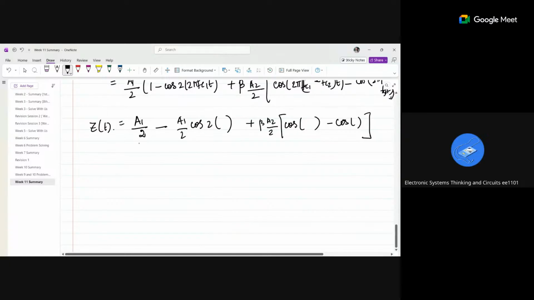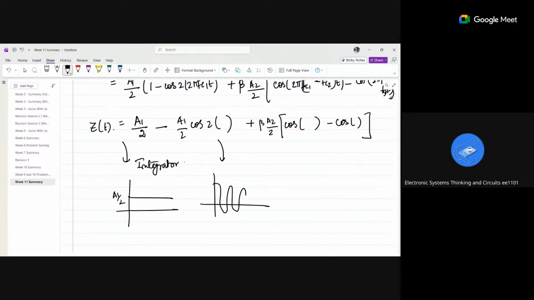Now if I pass this into an integrator, a1 by 2 is a constant signal, whereas the others are cos signals, and a cos subtracted by a cos signal. If it is passed through an integrator, we get the area under the curve. So what will happen to this area?